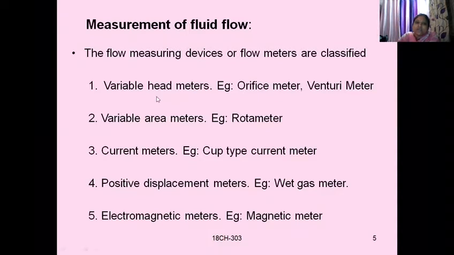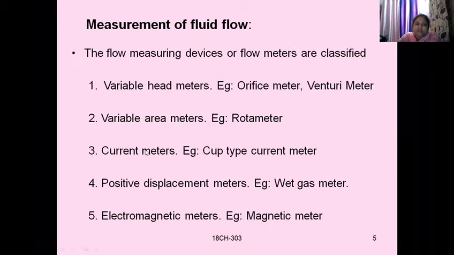That is the main principle behind variable head meters. The main principle behind variable area meters is that whenever the flow rate changes, the area of flow changes. So by measuring the area, we can measure the flow rate of the fluid. These two types of meters are very important in our syllabus.